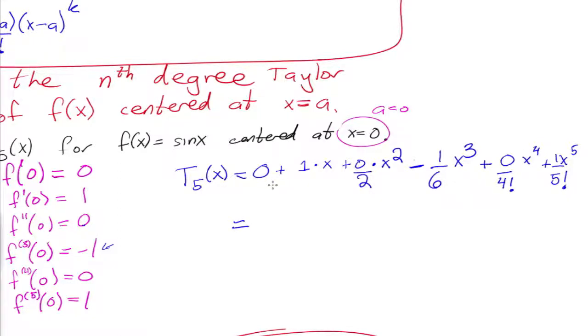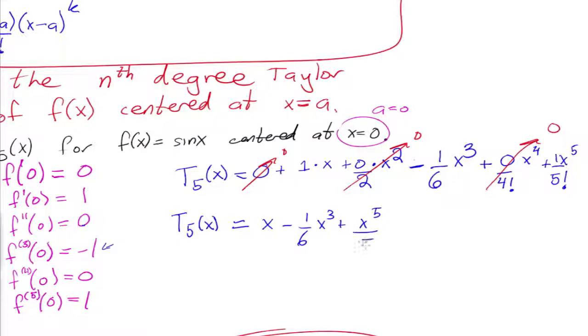And okay, so let's get rid of all the zeros. So this is 0, this is 0, this is 0. So then I have T5 of x is equal to x minus 1/6 x cubed plus x to the fifth over 5 factorial. Or what is 5 factorial? 120, yeah.